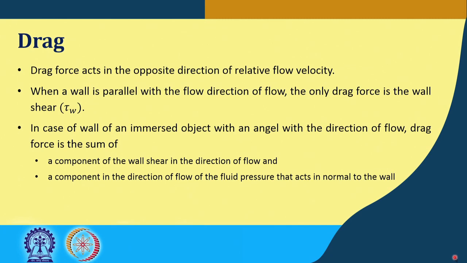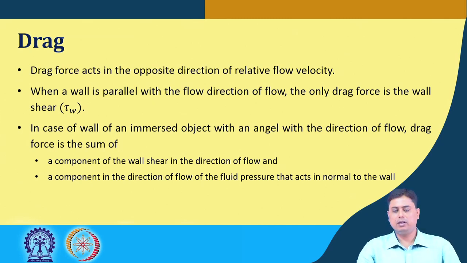Similarly, if the river is stagnant and the boat is moving, which rarely happens, but let's say the water is stagnant and the boat is floating around with some velocity, then you can understand, based on this concept, in which direction the drag force will act. So the bottom line is that the drag force acts in the opposite direction of relative flow velocity.